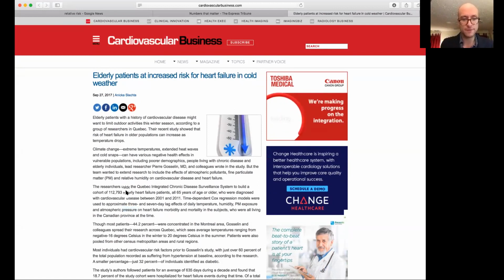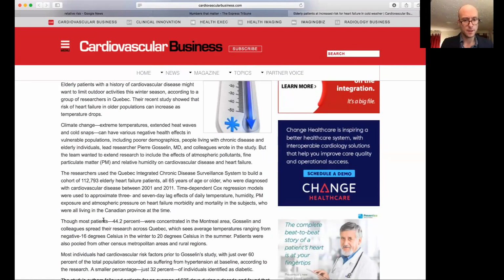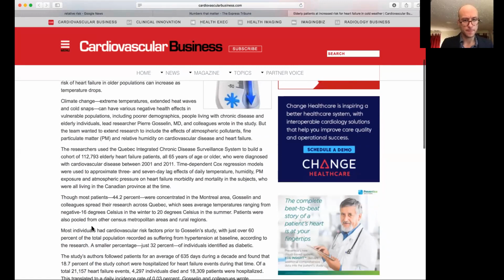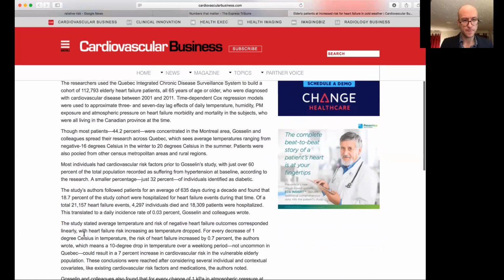They use some kind of more complex statistical model, but they showed, they talked about the increased risk of heart failure increasing as temperature drops.